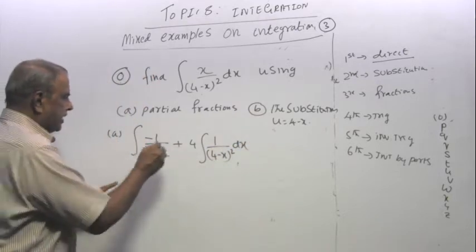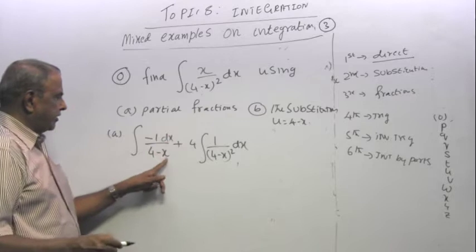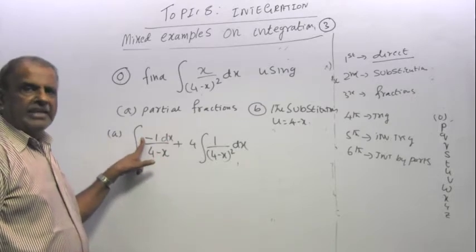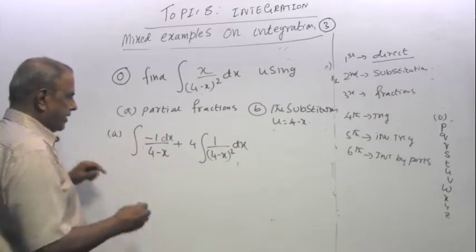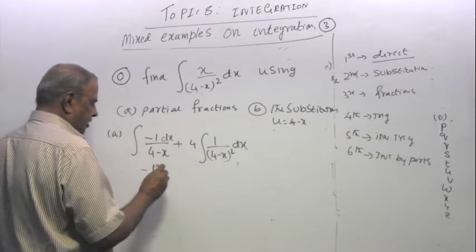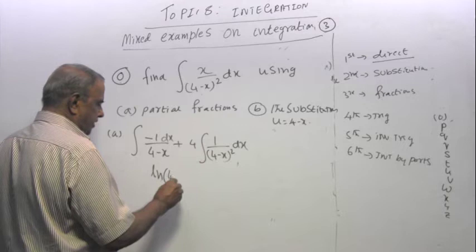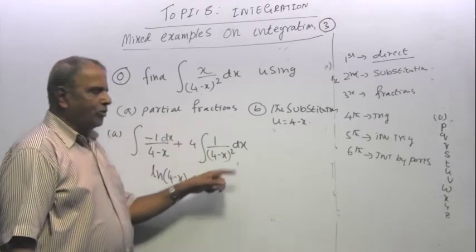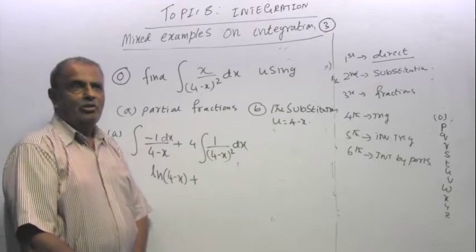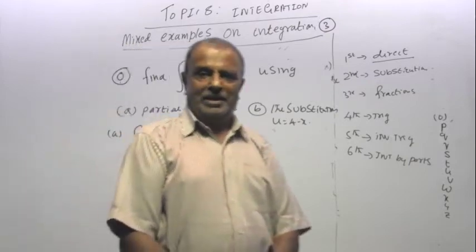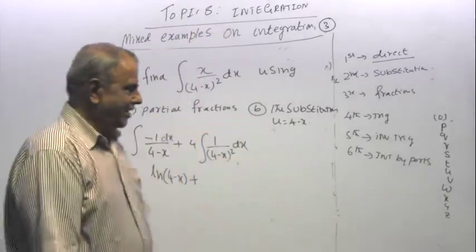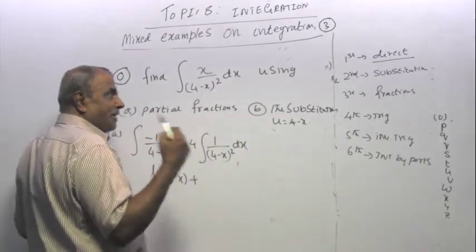When you differentiate 4 minus x, you get minus 1. So the numerator is the exact derivative of the denominator. So minus ln of (4 minus x) plus, please don't say ln of x squared for 1 over x squared. Only 1 over x gives ln x.